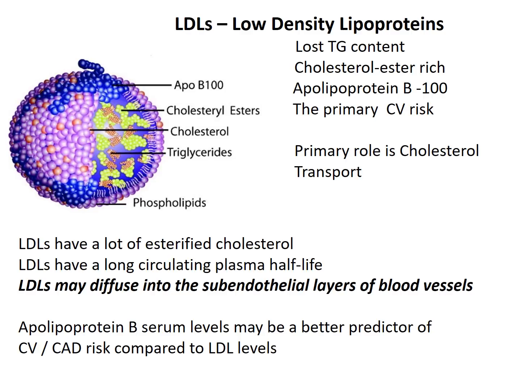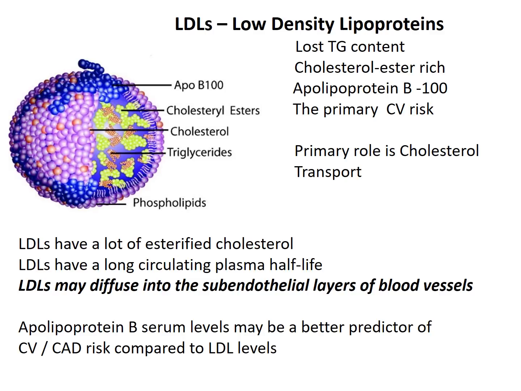Certain types of LDLs are able to spontaneously diffuse into the subendothelium of blood vessels, meaning they can just get right underneath that endothelium. When those LDLs get in there, they start setting up the deposition of fat and cholesterol into the subendothelium, into the vessel wall, and that begins the plaquing of the atherosclerotic process.